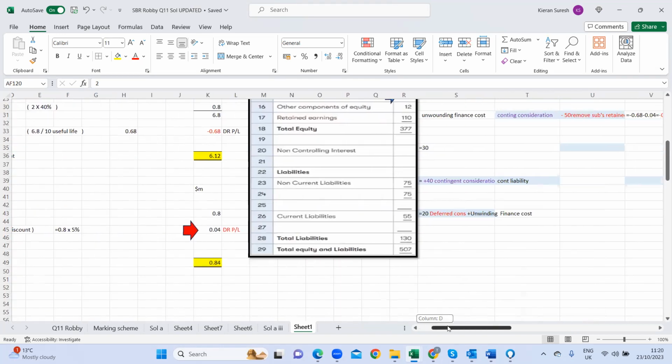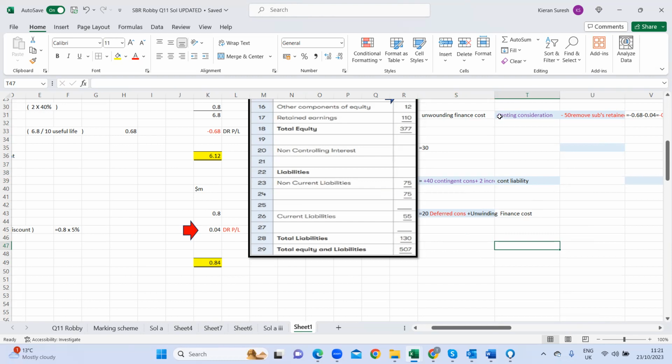Long-term liability. So I already have a contingent consideration of 40, and with this figure I just need to add another 2 million. Why? Credit the contingent liabilities, an increase in contingent liabilities, 2 million credited. And then the debit is going to be from the retained earnings.